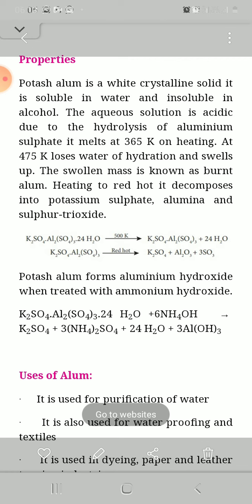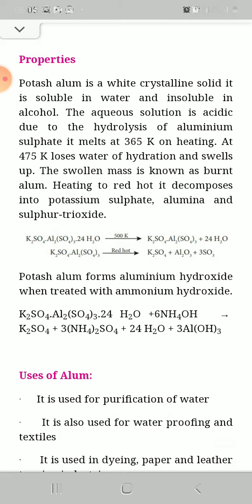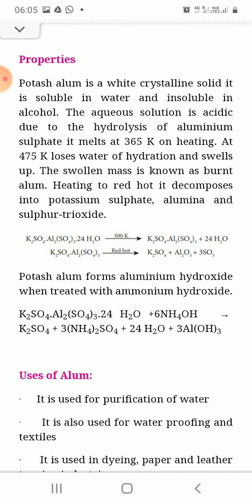So next, potash alum forms aluminum hydroxide when treated with ammonium hydroxide. So here the equation: K2SO4 Al2(SO4)3 24H2O reacts with ammonium hydroxide to form potassium sulfate K2SO4 plus ammonium sulfate (NH4)2SO4 plus 24H2O plus Al(OH)3.